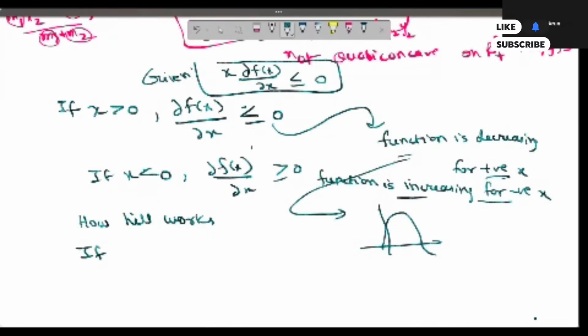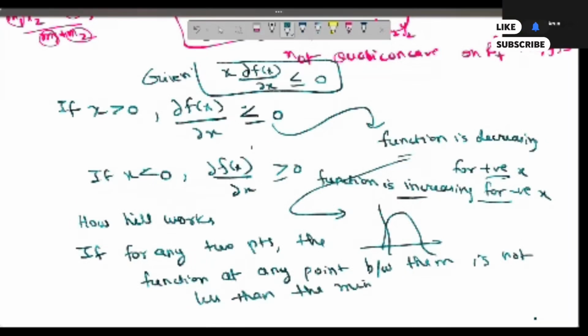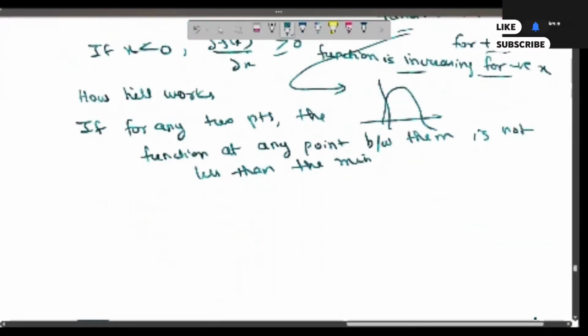So if you now state that theorem, if you consider any 2 points, and the function's value at any point between them on the straight path is not less than the minimum, then it is quasi-concave.